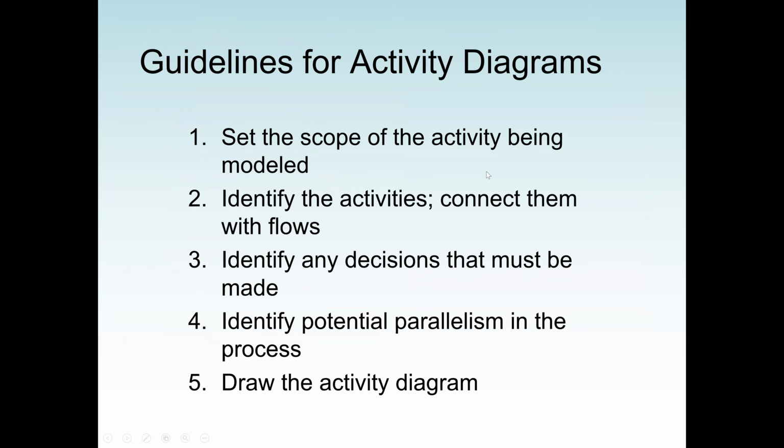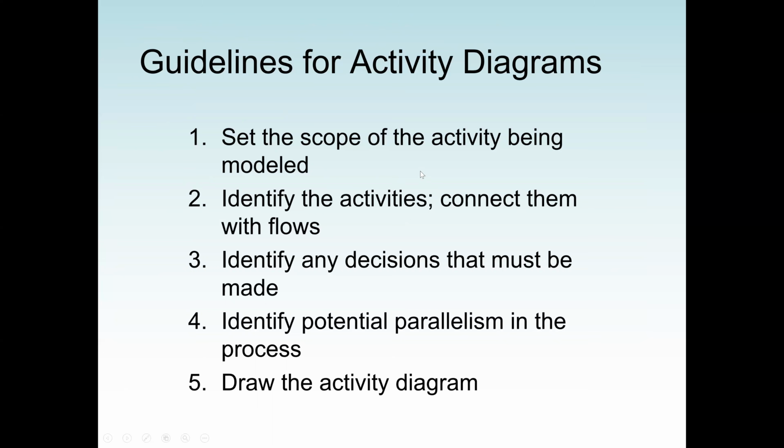So the guidelines for an activity diagram: we always need to set the scope of the activity being modeled. We know what scope creep is, when we go beyond the features that we have, or we keep adding more features to a system that has already been designed. So we have to set the boundary of the activities the system will be doing.